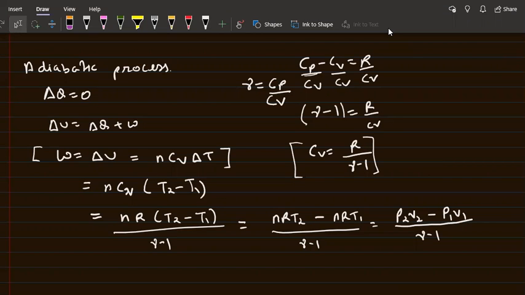Now tell me, will this formula be true for a reversible process, an irreversible process, or both? If it is valid for both, then what is the difference between work done in a reversible process and an irreversible process?